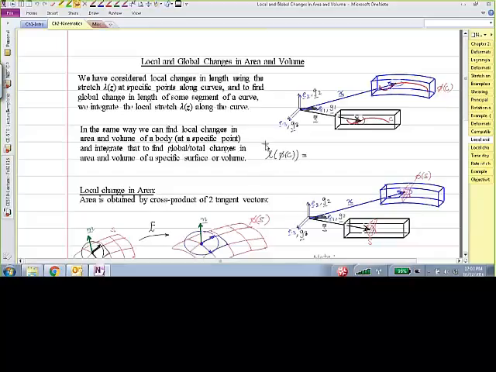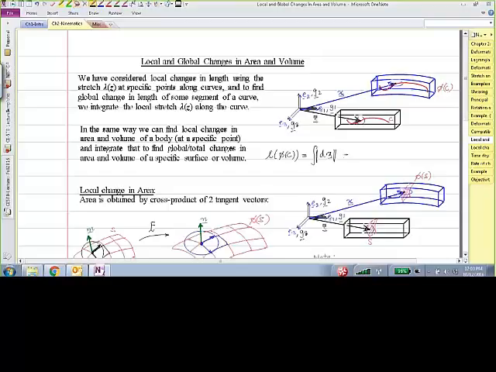So for example, the deformed length of a curve you would find as integral of dx, which you can directly find if you know the parameterization of the deformed curve. That again is not too difficult, because if you know the parameterization of the undeformed curve and if you know the map, then you can directly write the parameterization of the deformed curve, and you can directly find this deformed length.